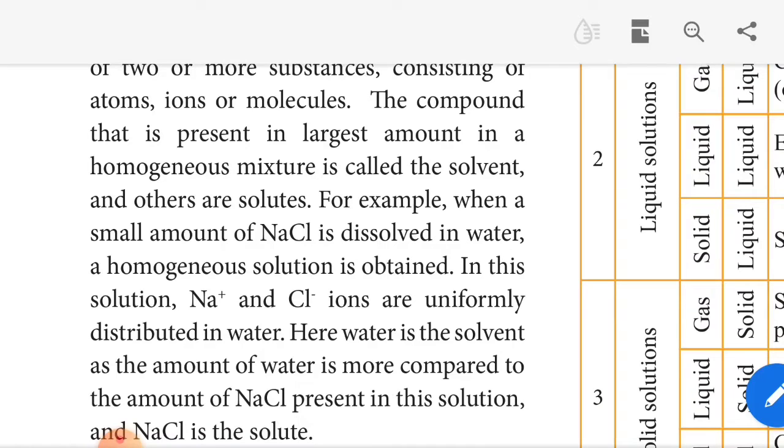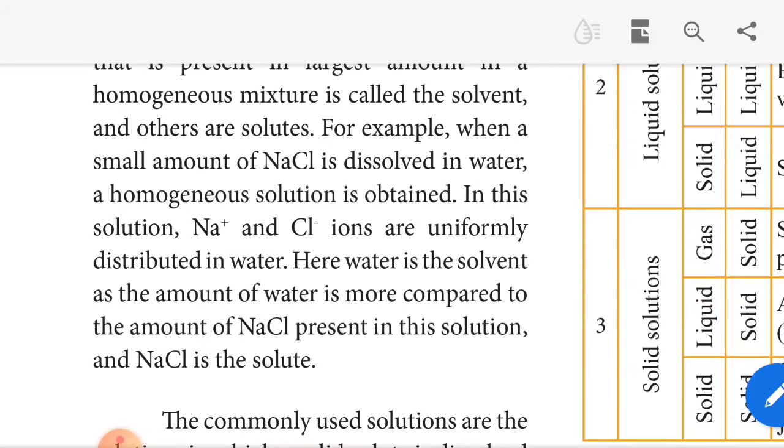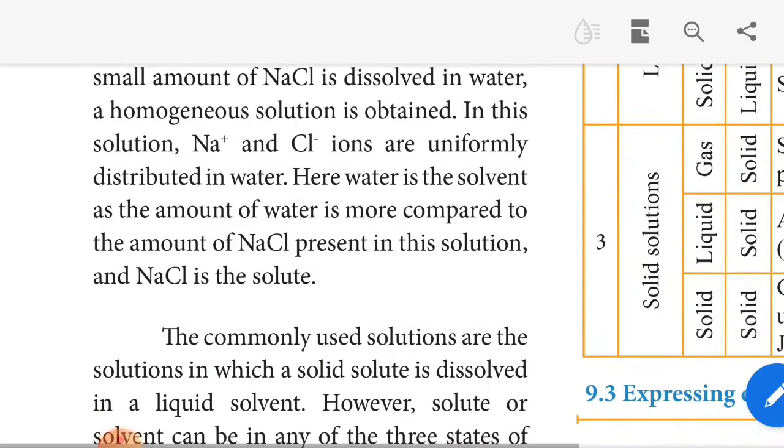Homo means same. Here the water is the solvent, since the amount of water is more compared to the amount of NaCl present in this solution. So, here water is the solvent and NaCl is the solute.